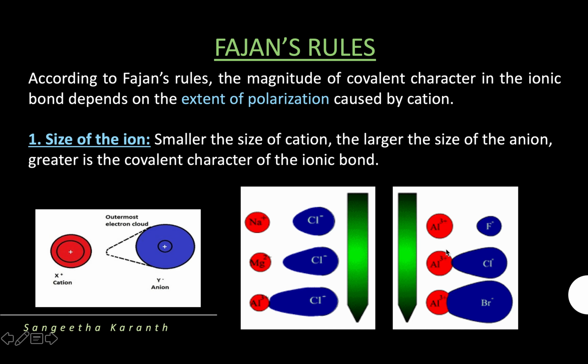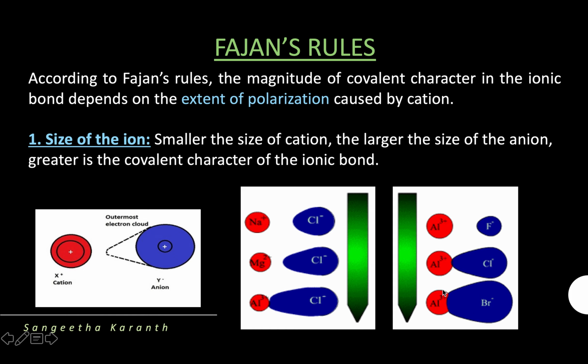Now if you compare fluoride, chloride and bromide, as the size of the anion increases, fluoride is small in size, chloride larger, and bromide is the largest among these three. So what happens? The larger the anion, the easier it is to get polarized by the cation.